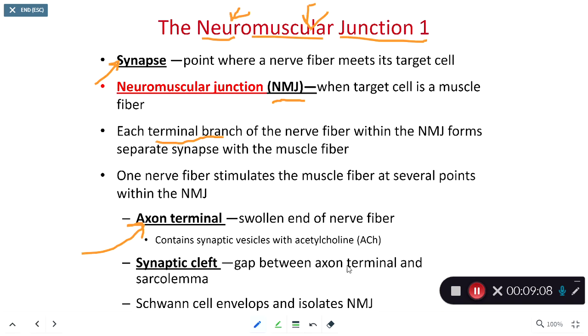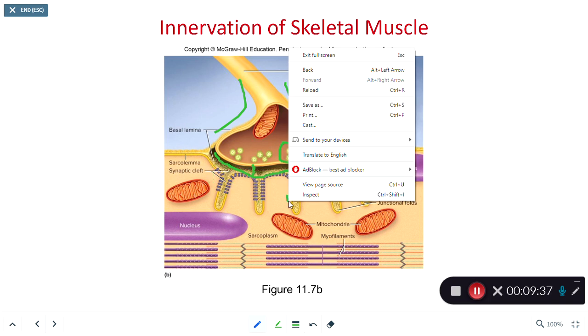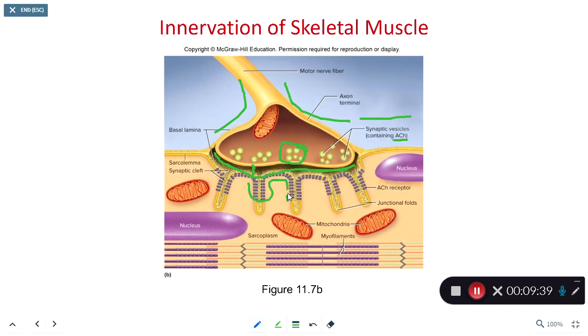As that acetylcholine is released, it needs to move physically across the synaptic cleft. That synaptic cleft is the physical space between the motor neuron and the muscle cell. So it's the gap of the synapse. And those neurotransmitters, the acetylcholine, will diffuse across the synaptic cleft to get to receptors. These receptors are these dark blue, almost purplish proteins that are represented here.